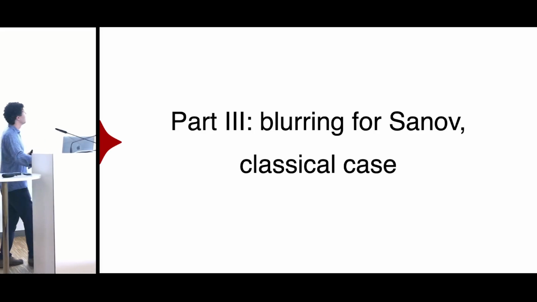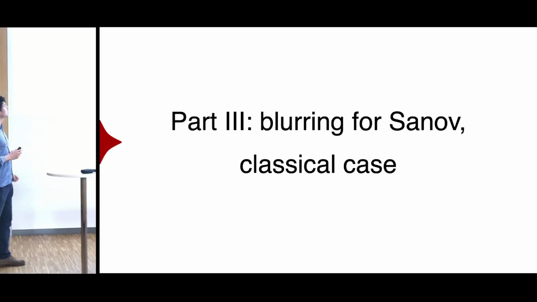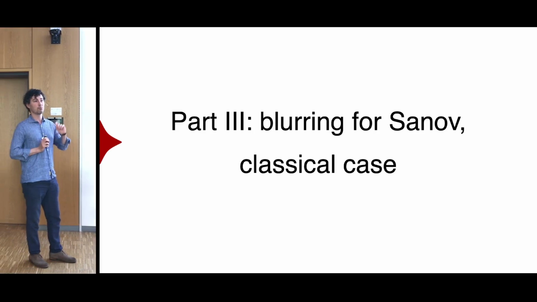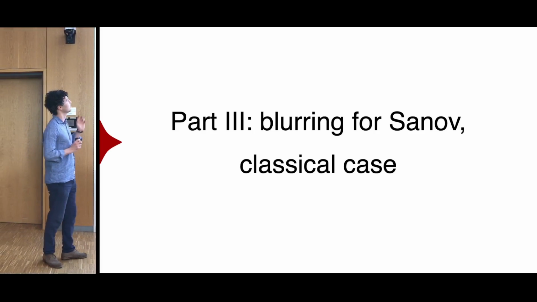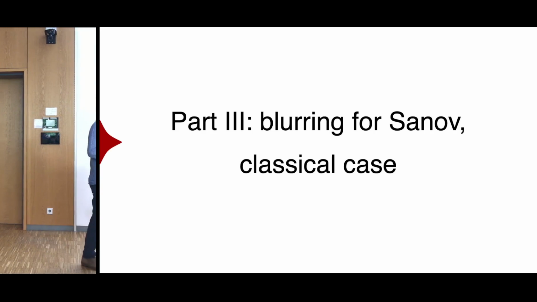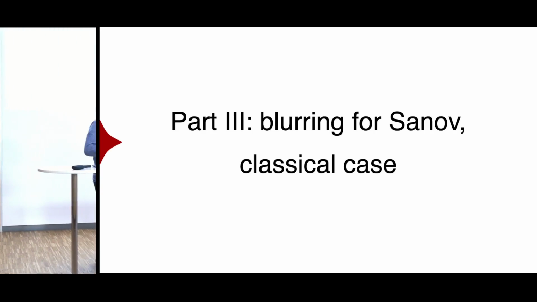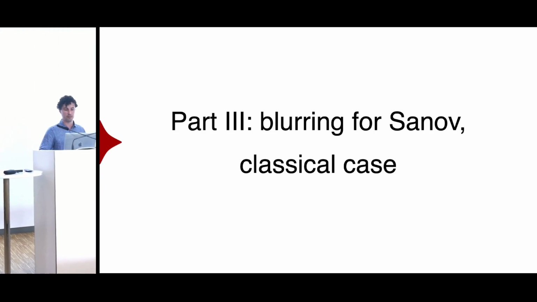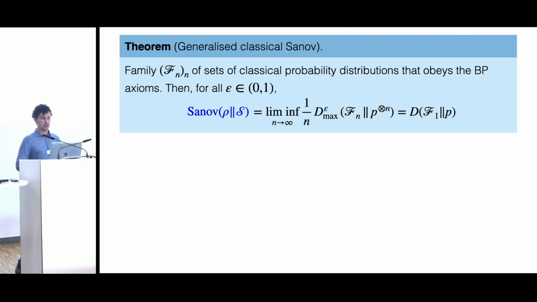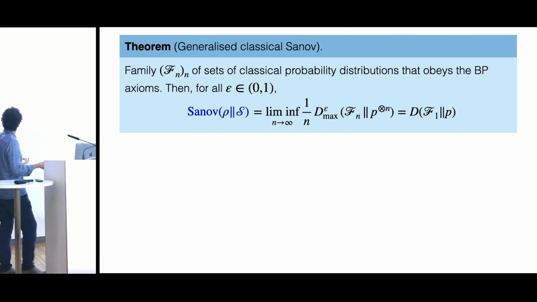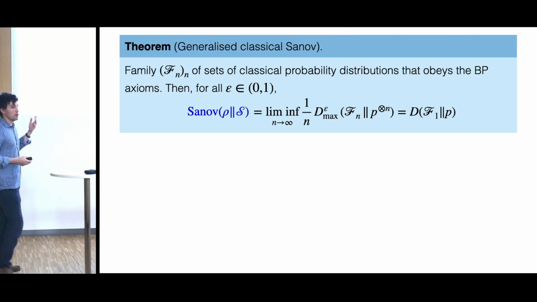Okay, so I also want to describe how blurring is applied to the other problem, the quantum sum of theorem, but let's do the classical case first, because it's very different. It's the same technique, but it's applied in a different way. So this is the generalized classical sum of theorem. This is what you would want, right?